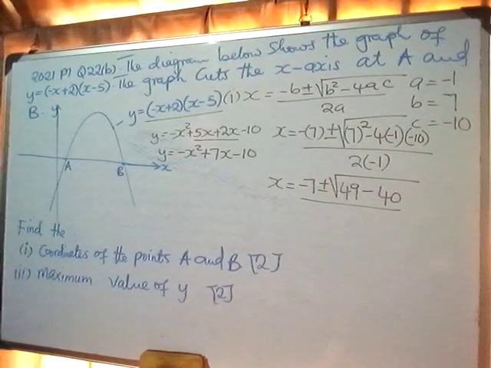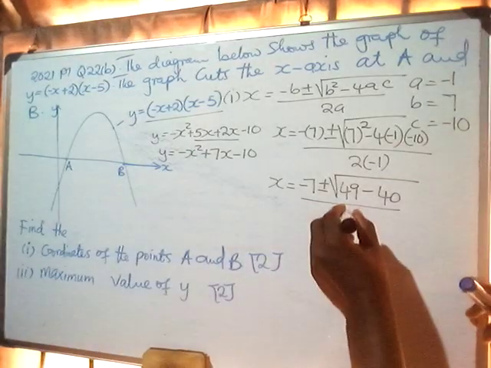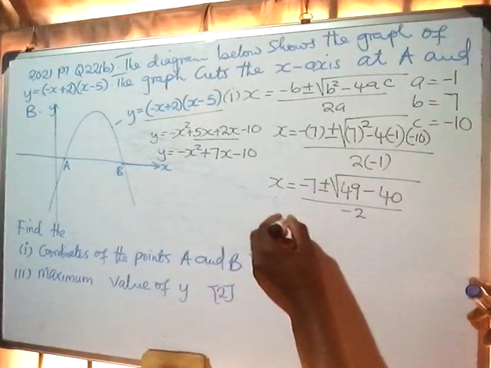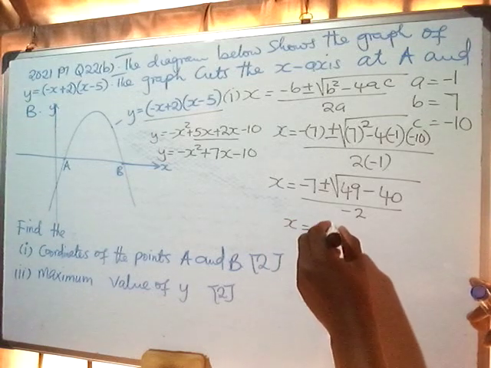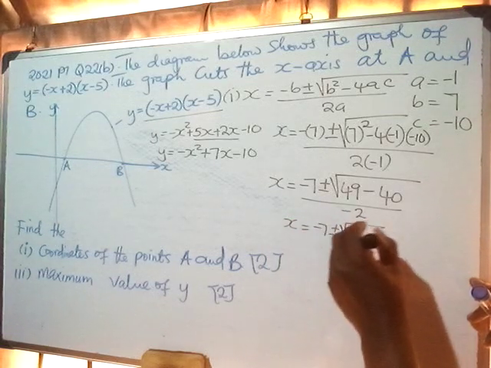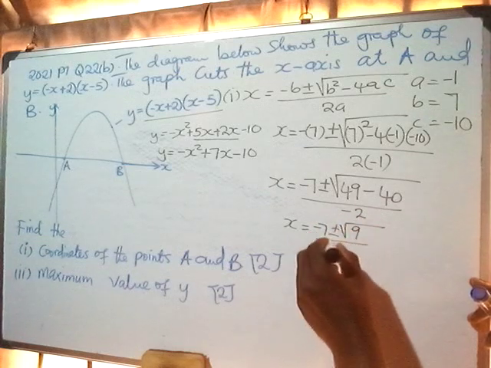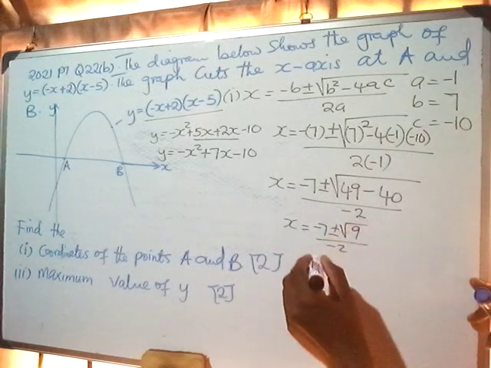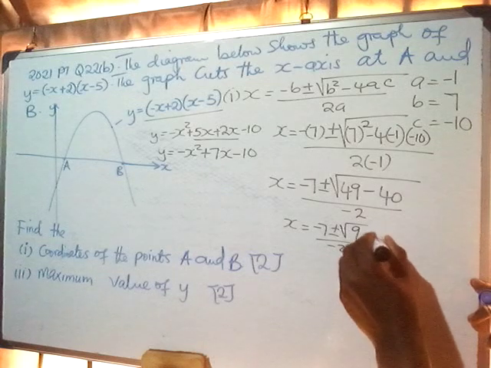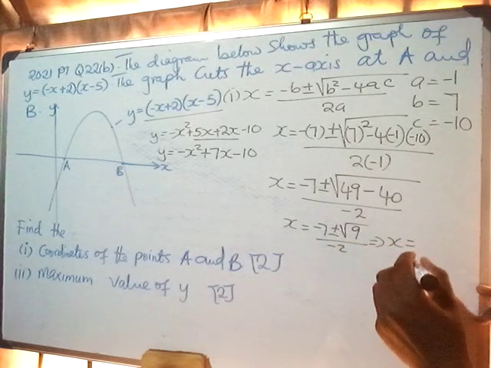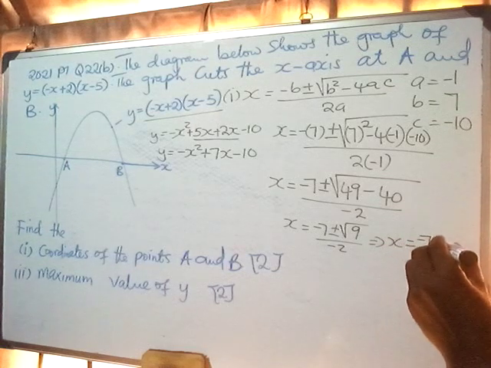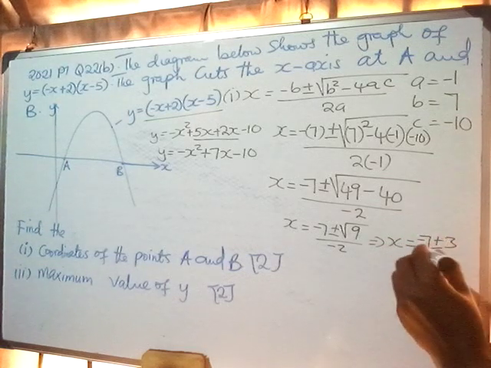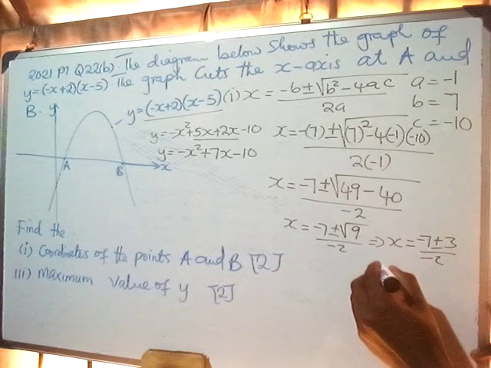Let me bring my camera here so that we see it clearly. So over negative 2. So x will be negative 7 plus or minus the root of 9, everything divided by negative 2. So our x is equal to negative 7 plus or minus 3 over negative 2.